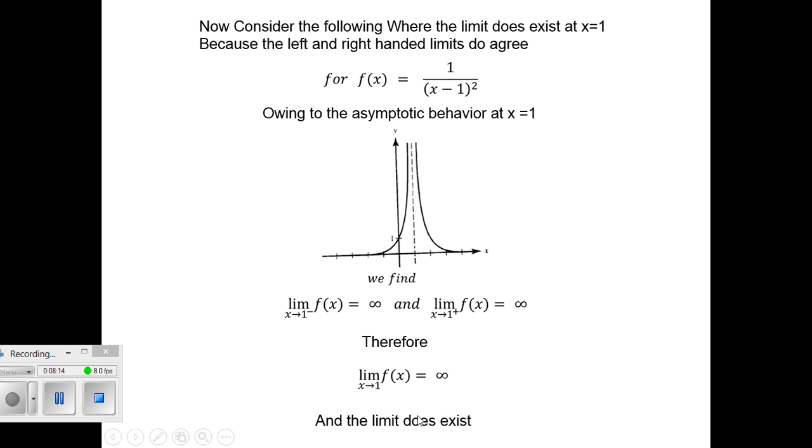Some would argue that that's not a definitive value and therefore the limit does not exist, but saying that it is equal to infinity is more informative than saying it does not exist. In this way we imply that from both the left and the right we're moving along an asymptote approaching infinity. So we're going to agree that it is infinity. We'll come back and look at some more examples in the next video.